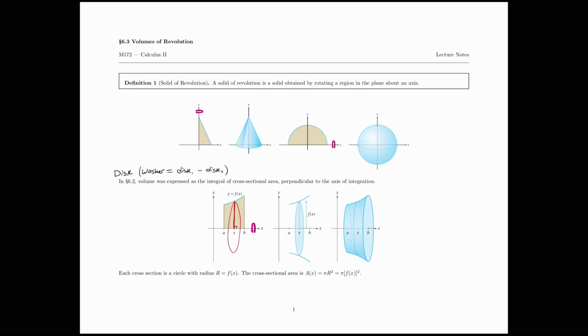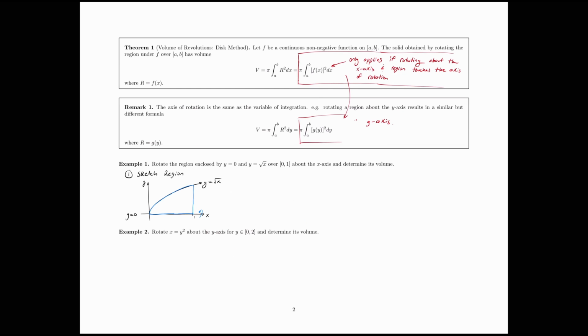So for this problem, I can draw a representative segment that will be rotated. So we're at some x value, x, and this line segment is what is going to be rotated.